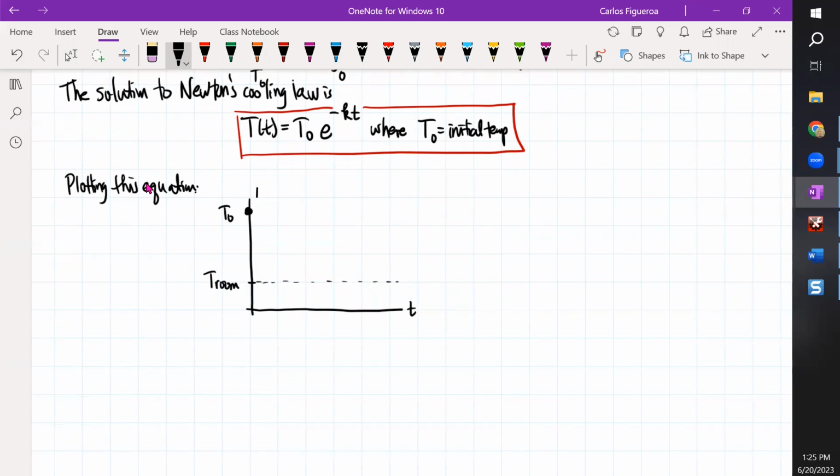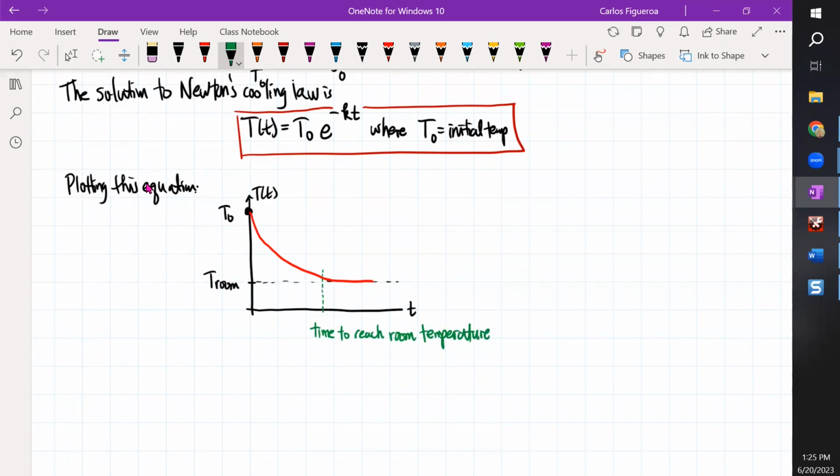This is then going to exponentially decay to the room temperature. And I'm going to label a point: this is the time to reach room temperature.